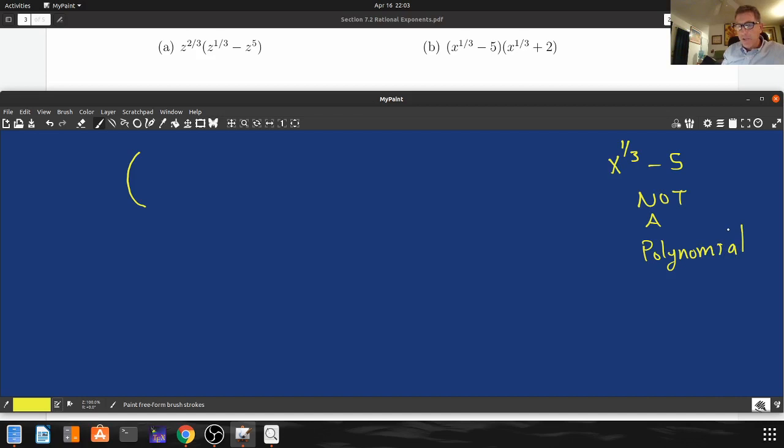Think about it. x to the 1/3 minus 5 is not a polynomial. Why? Because 1/3 is not a natural number. Polynomials are restricted to having natural number powers. Remember our natural numbers, 1, 2, 3, etc. And that's not a polynomial.